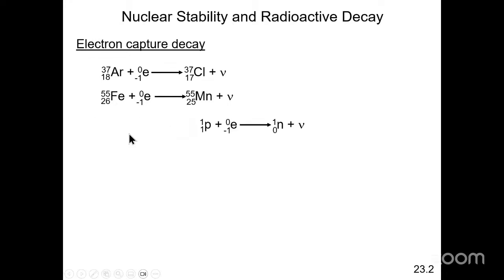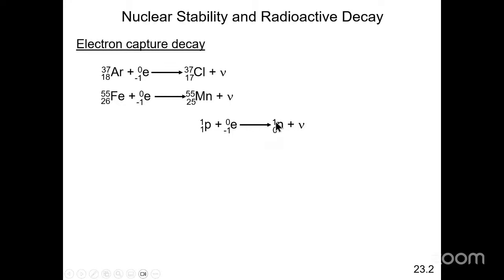So what actually happens in this reaction is that a proton will combine with an electron to form a neutron. So for that reason, the proton, since it's reacting, would result in a decrease in the atomic number from 18 to 17 here and from 26 to 25. And the mass number will remain the same because the proton is converted to the neutron.